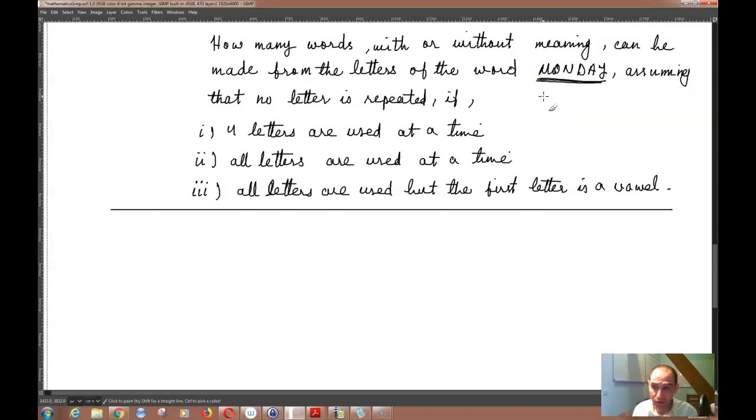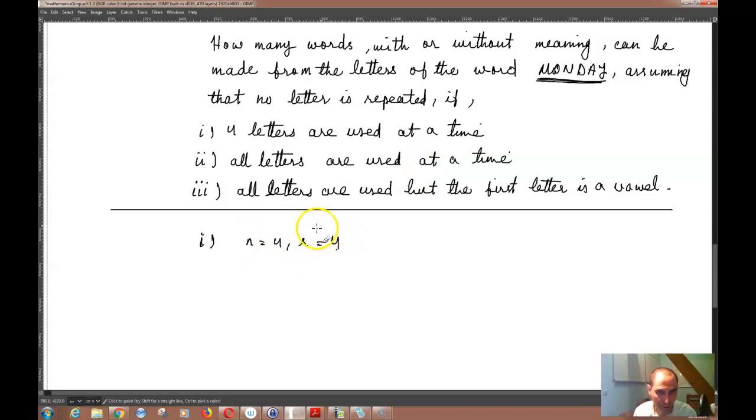If 4 letters are used at a time, that means that n is equal to 4 and r is equal to 4.